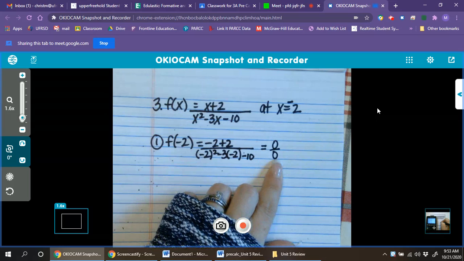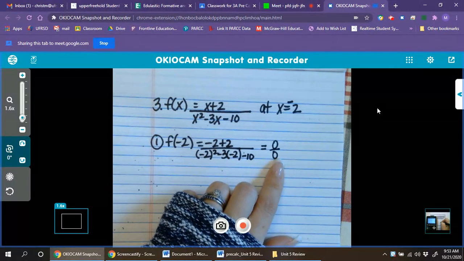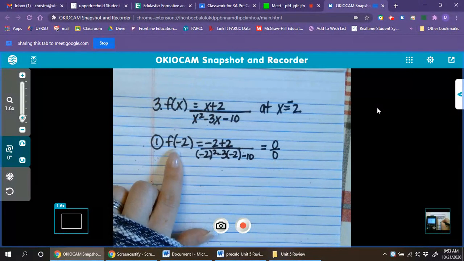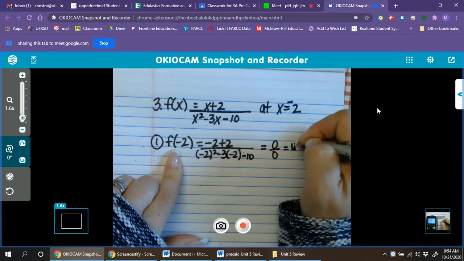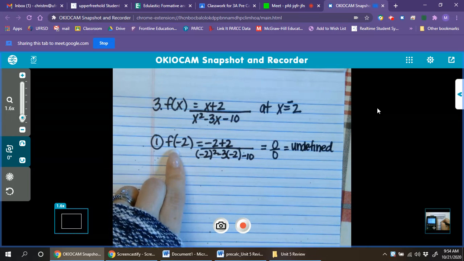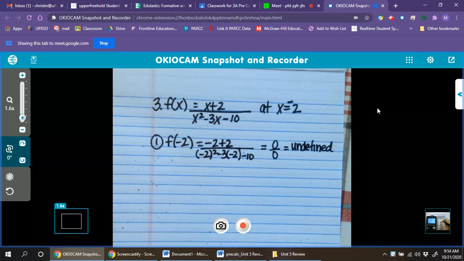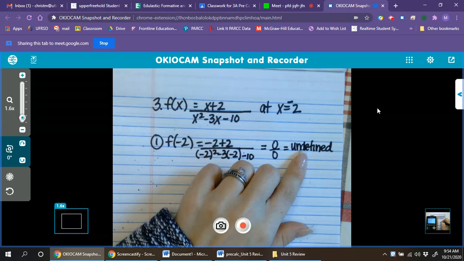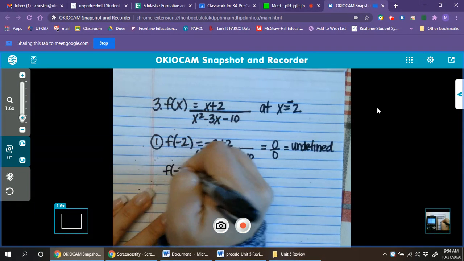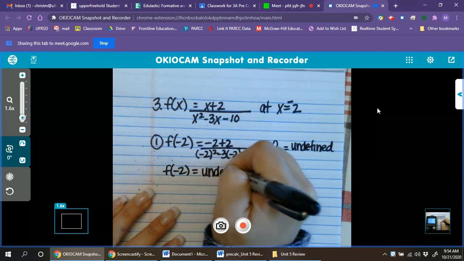It's okay to have 0 over 0 because I'm not doing a limit right now. It's only when you evaluate a limit that this is unacceptable. But I'm evaluating a function, so this is undefined. So we're not off to a good start here. Obviously, this is not going to be continuous, because I didn't get a value here. But I have to continue and figure out what's happening with the limit to then make a conclusion. Okay? So f of -2 is undefined.